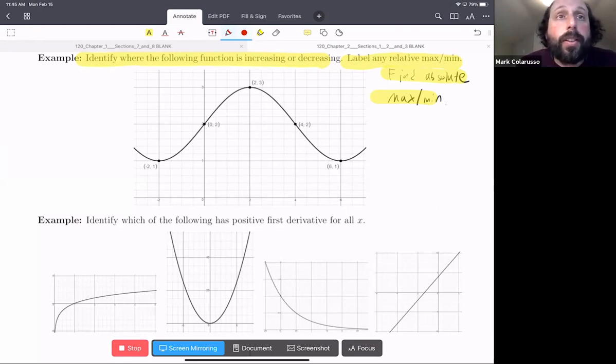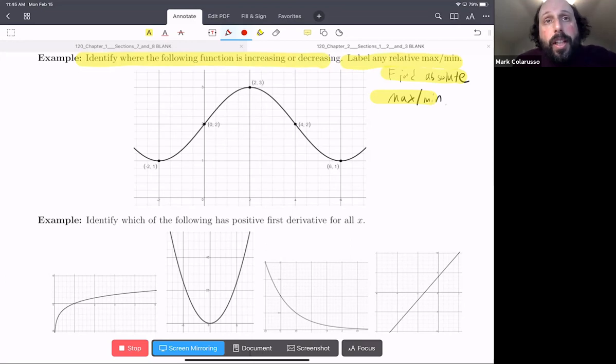If you look at the first example, the function is actually increasing for all x, right? It's increasing less and less as you move along the x-axis in the positive direction. But in that case, all the slopes of the tangents are positive, and we have a positive first derivative. But for the next one, the parabola, this is interesting. The parabola has a relative minimum at 0.